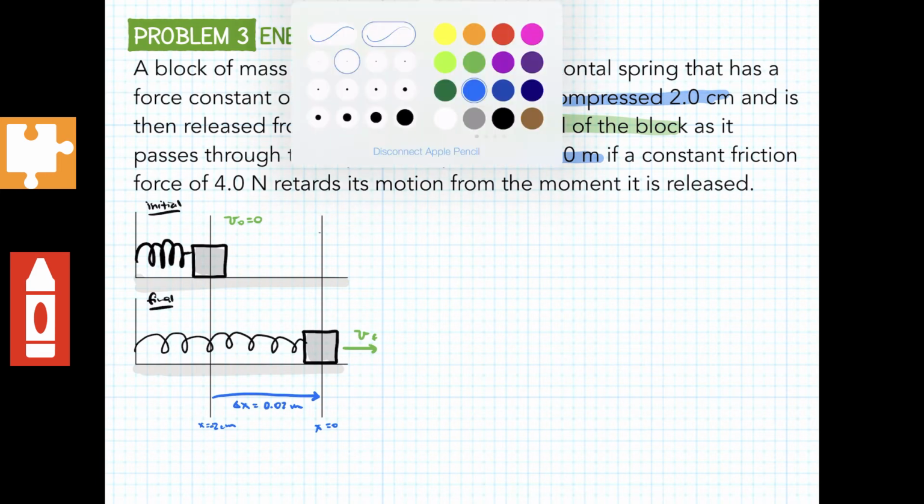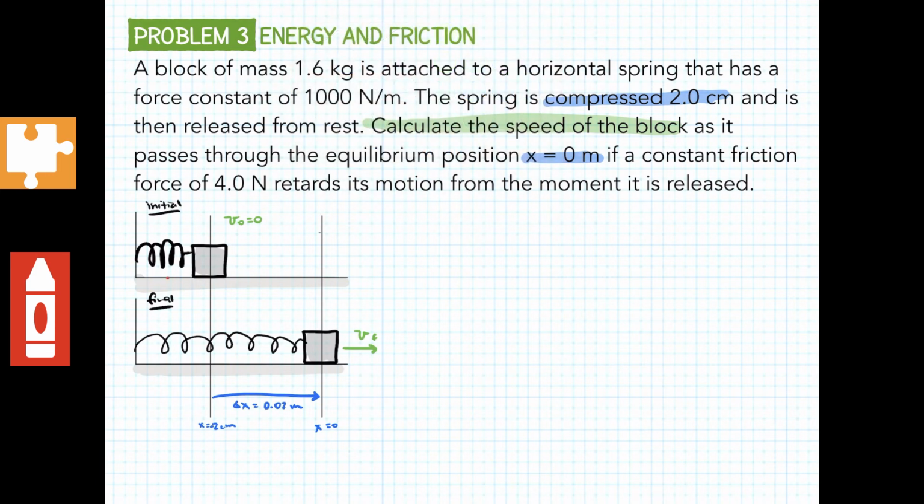We also know there's friction. So, if we want to choose what our system is, it's also normal force and weight, but we can ignore those for now. We want to choose our system.